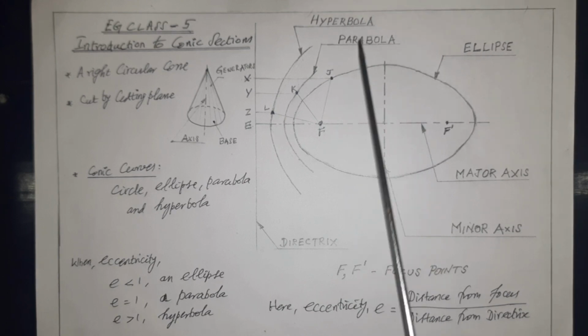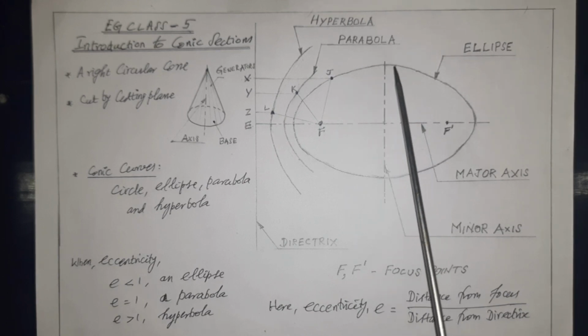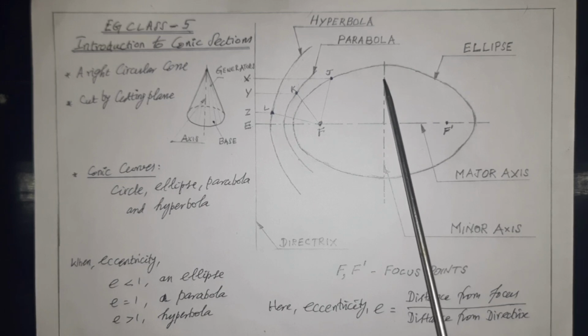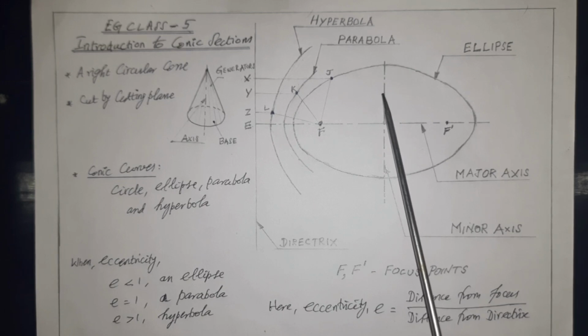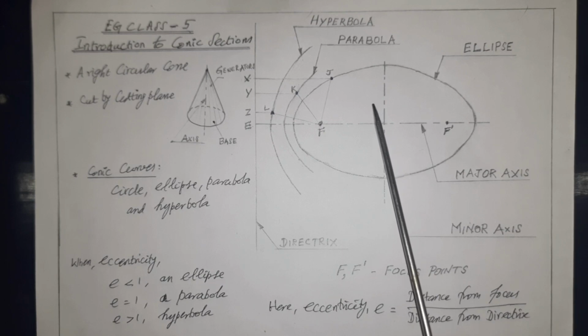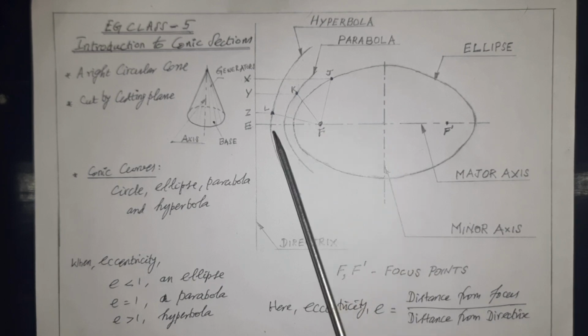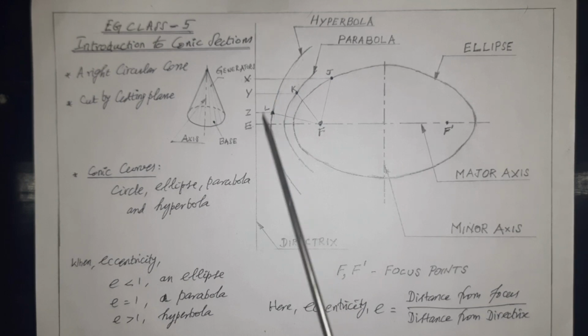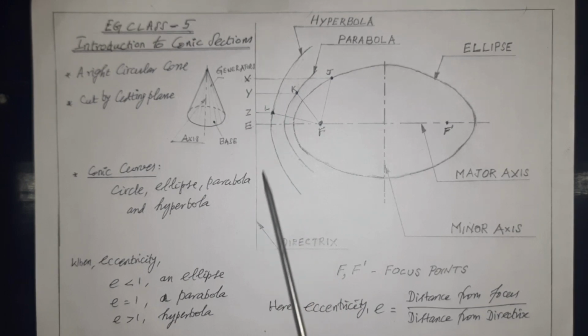Next, the terms given in the figure are very important because in many problems the terms will be given to understand and solve the problems. Now, referring to the figure, the vertical line that has been shown here is called the directrix.